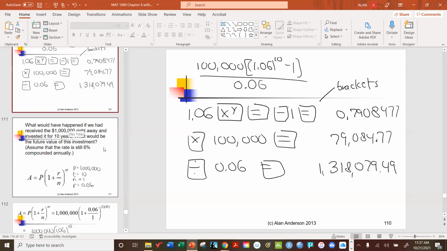We're going to give you the money right up front. We've gotten rid of that old system where we pay you an annuity. Instead, we decided that going forward, we're going to give out the prizes right away. So we're going to have the same person receive the money and put the money in the bank for 10 years, 6% annual compounding, but this time they get the money right away.